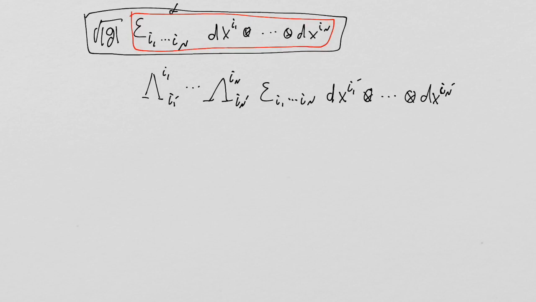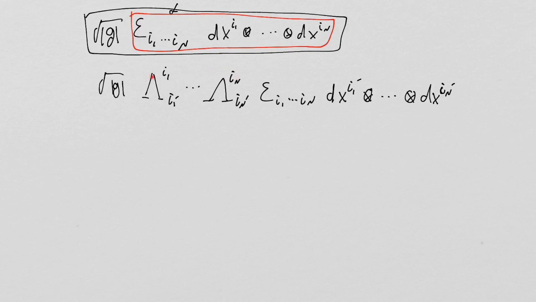So this part here is just the regular transformation of this that you would have always seen. Now we have this factor in front, right? That factor is the square root of g. So this is what we would get if we just did the transformation.